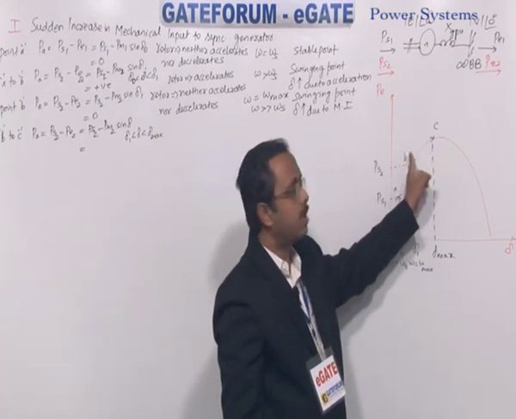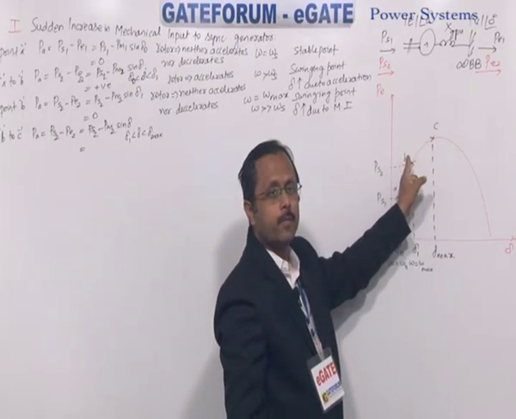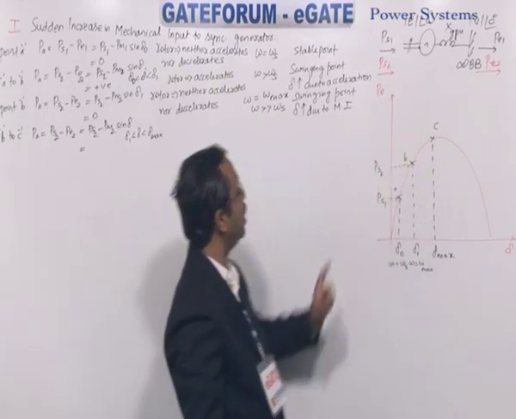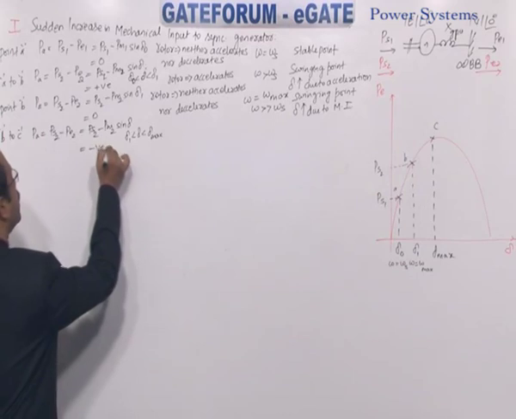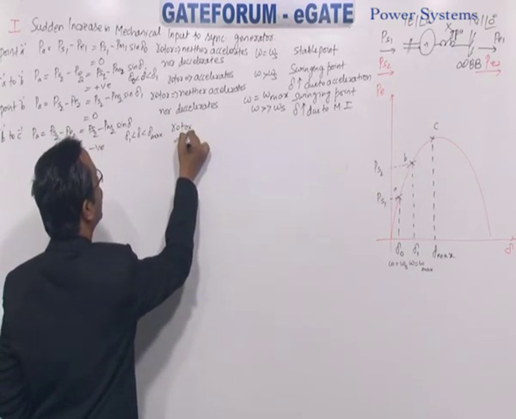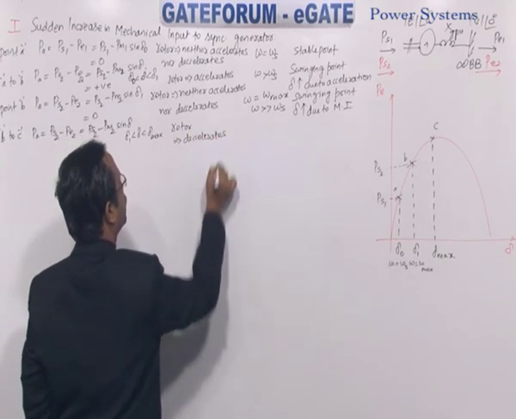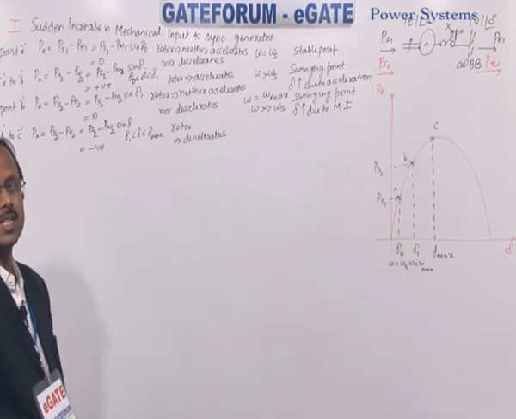Electrical output is greater than mechanical input. So what is the difference? Negative. If PA is negative, what about the rotor now? Decelerates.